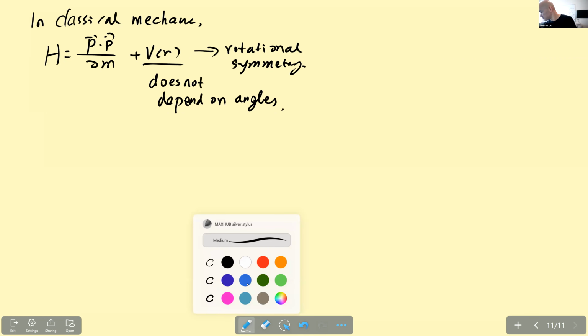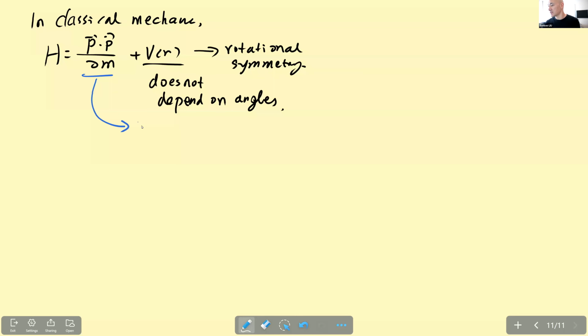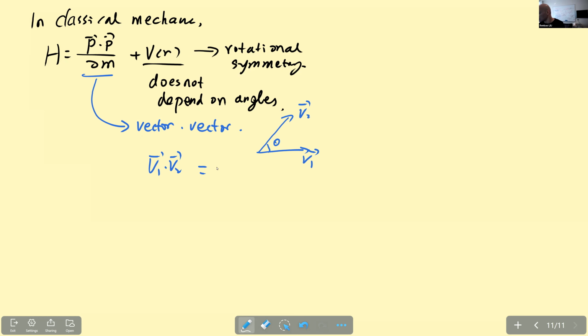And this part is a vector dot a vector. If you have two vectors, say v1 and v2, this is the inner product, v1 dot v2. If we do a rotation, you rotate this one to, for example, this direction. This is v2 prime.